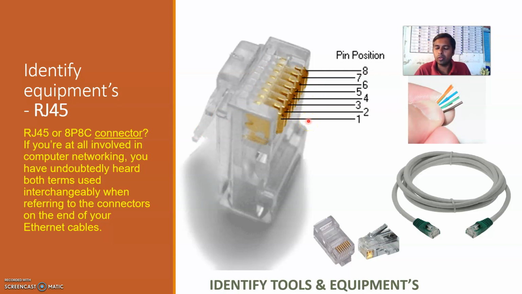For the crossover cable or straight through cable we want to prepare, one end uses one RJ45 connector and the other end uses another RJ45 connector. We connect this cable using the TIA 568A standard or TIA 568B standard. We learned last day about the standards used to create this type of cable.